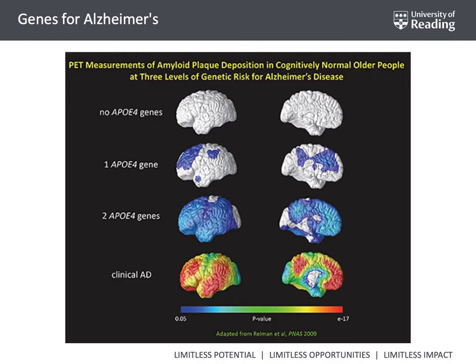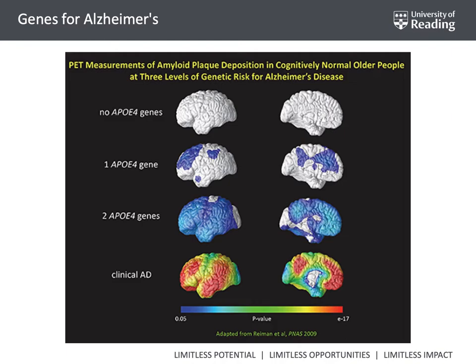So we've got no ApoE4 genes, so that's someone who's clear. If you've got one ApoE4 gene, that increases your risk, and you can see there's some deposition of amyloid. Two increases the load, and then this is someone in comparison who has clinical Alzheimer's disease.